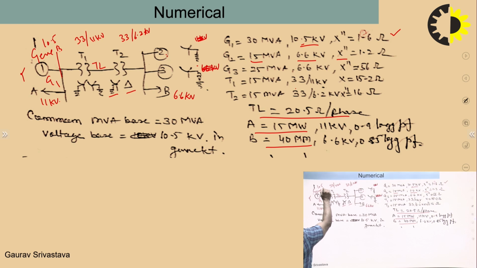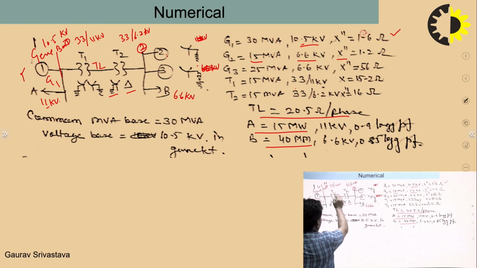That is the bus 1 connection, and that is the bus 2 connection. At bus 1 the generator is connected at 10.5 kilovolt, and load 1 takes power from bus 1 at 11 kV. Transformer T1 has the ratio 33 by 11 kV, and similarly transformer 2 has its own transformation ratio.